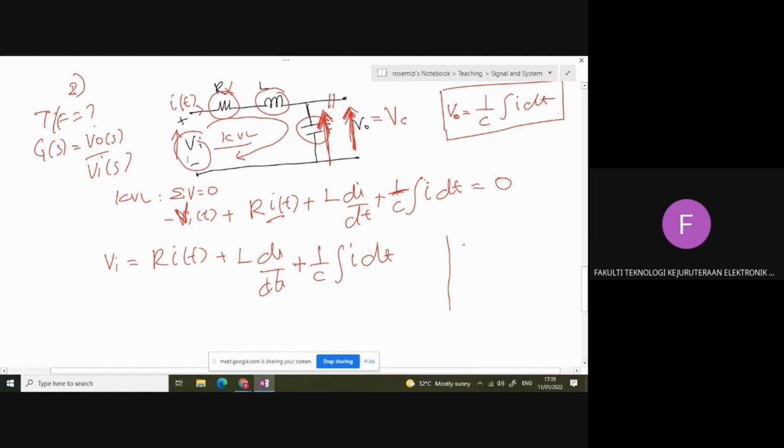Second one, Vout equal to 1 over C integral I dt. Is it okay here?